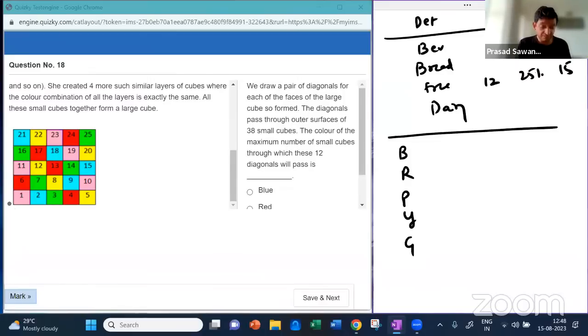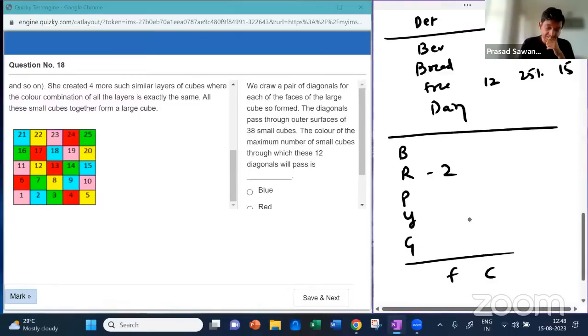Okay, so here red are 2, blue will be... Okay, maximum number of cubes, so the face and the corners will have to be done separately, I think. Okay, I'll just look at it, face and corners.